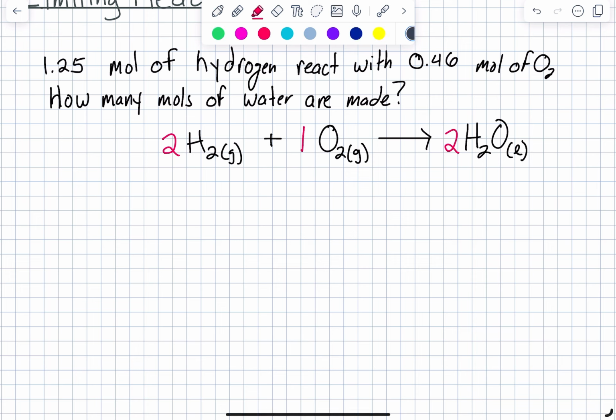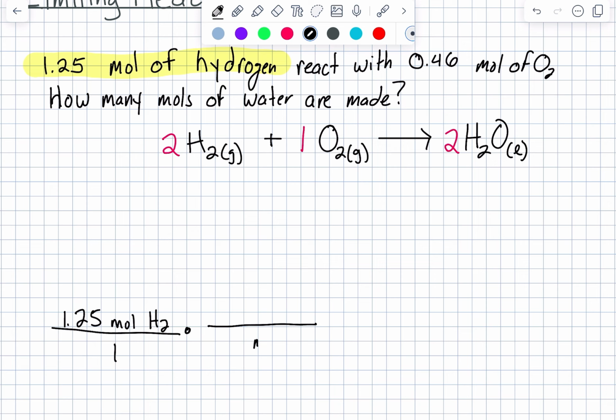If I were to use 1.25 moles of hydrogen, if that's what got all used up and was my limiting reactant, how many moles of oxygen would I need? And so I'm going to do 1.25 moles of hydrogen. I'm going to do mole ratio and compare moles of hydrogen to moles of oxygen.